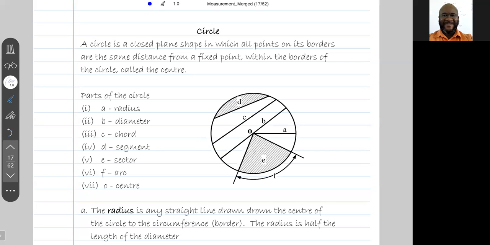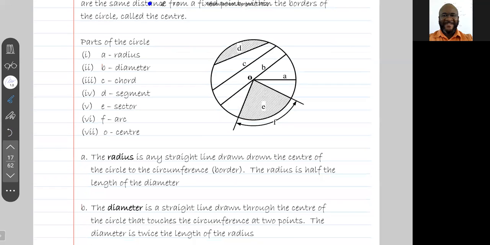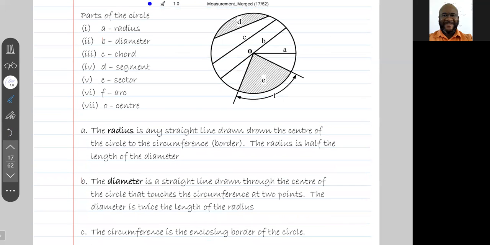Then we have D, which is called a segment. E is called a sector. F is called an arc, and O is the center of the circle. Guys, the radius is any straight line that is drawn from the center of the circle to the circumference, which is the border.